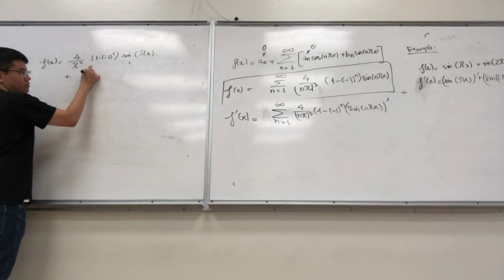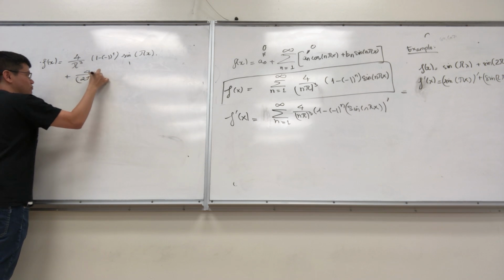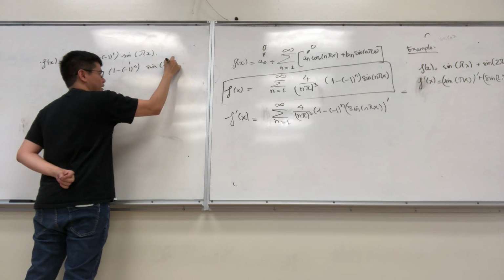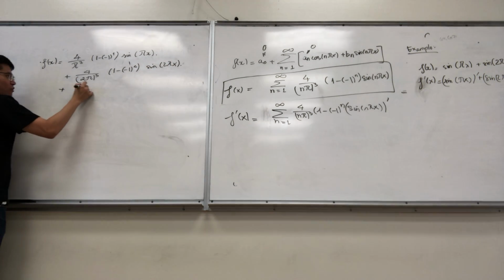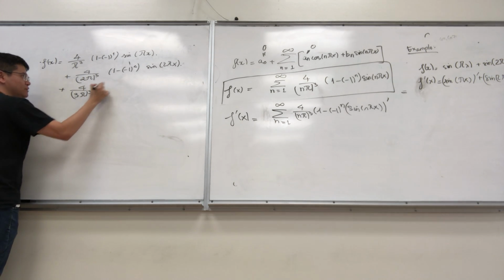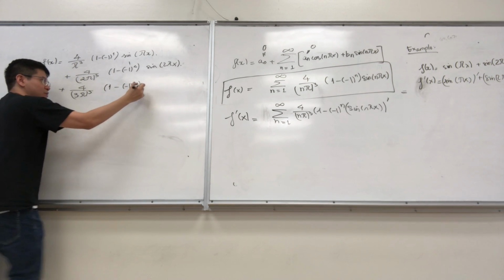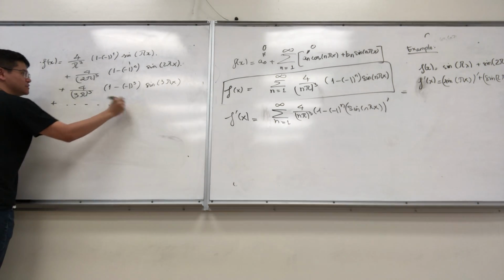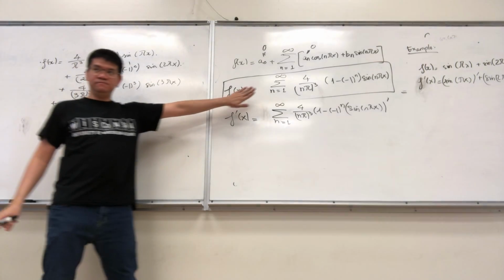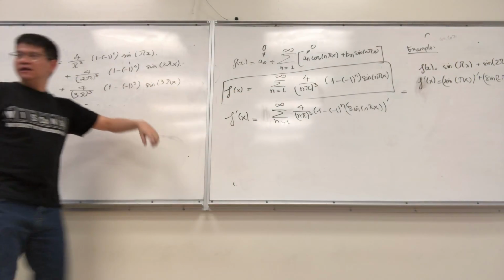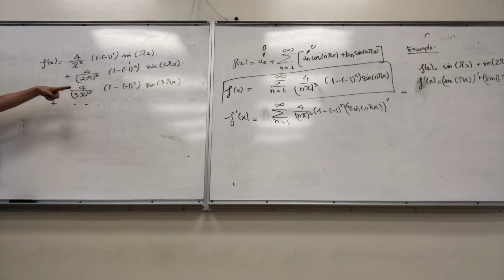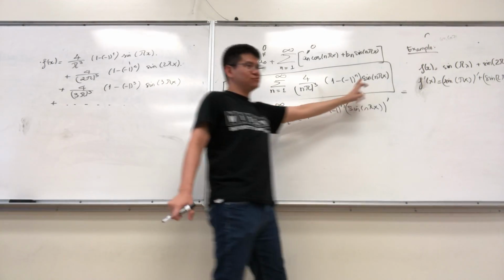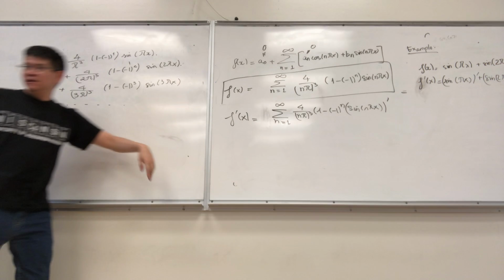And then I'm going to have 4 over 2 pi to the power 3, 1 minus (-1) to the power 2, sinus of 2 pi x, plus 4 over 3 pi to the power 3, 1 minus (-1) to the power 3, sinus of 3 pi x. And you continue this. So this form is the shorthand of this sum, right? You let n be 1, 2, 3, 4, 5, and you replace n into the sinus, all right? And you take a sum.